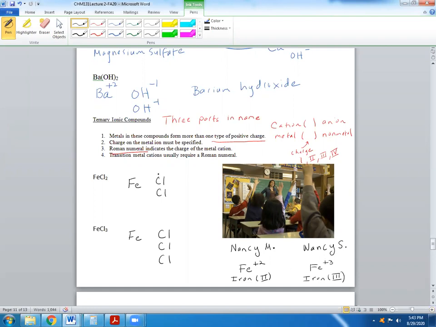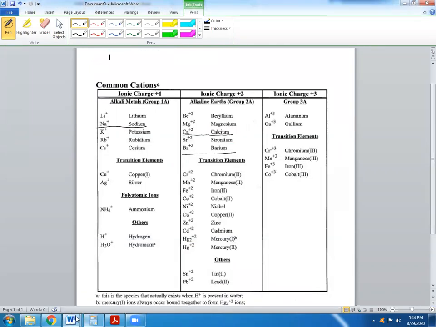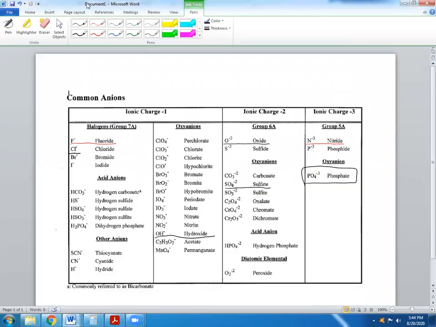Then start with the anion. We're doing this as scaffolding, so we understand, and then of course you can use your own shortcuts. Let's find the charge on Cl. You'll find that it's a -1.